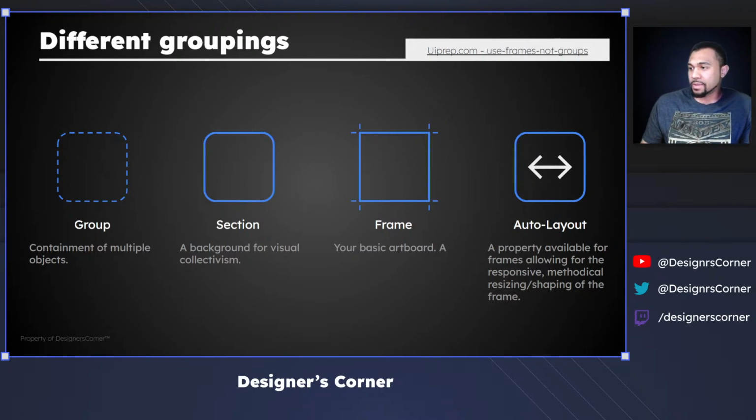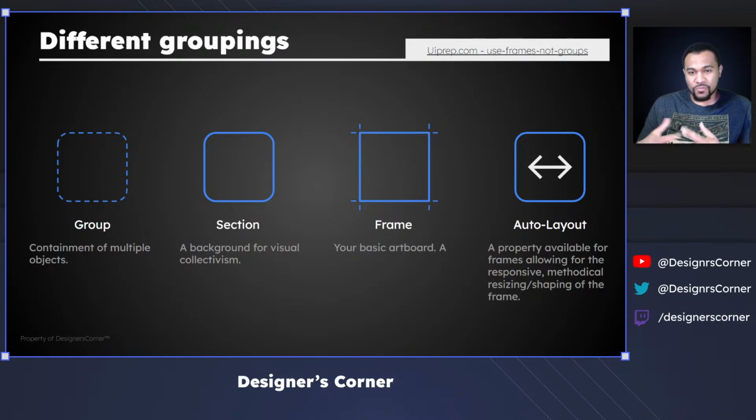The reason for that is that Figma treats everything basically as a group. So you have groups, which is just a collection of multiple objects. We'll take a look at that in a second. You have sections. We'll just glance over that quickly. It's probably the most useless of all four that are listed here.